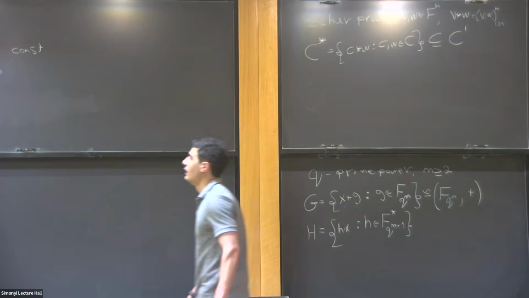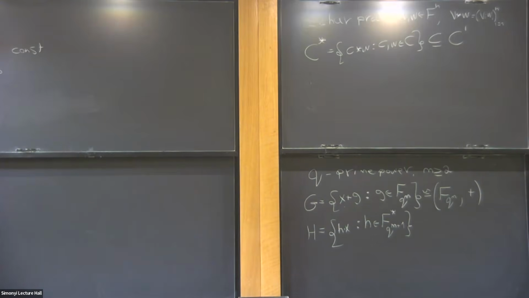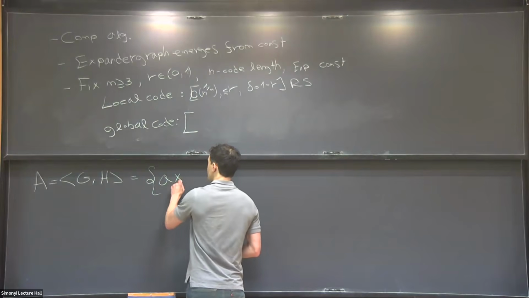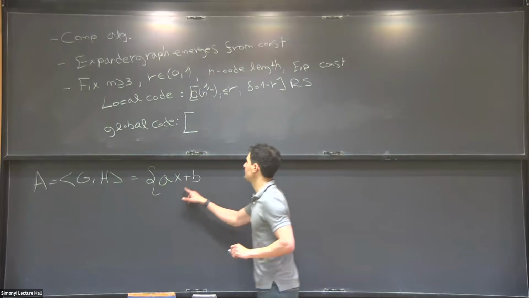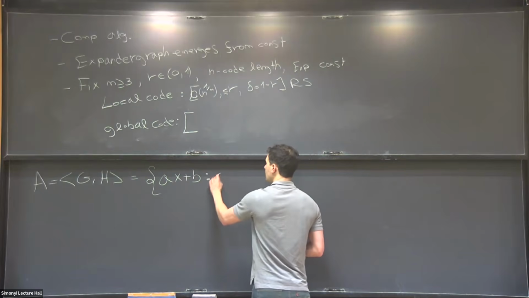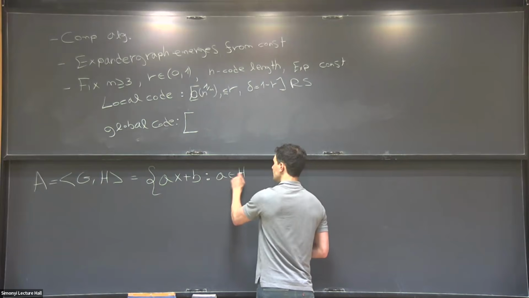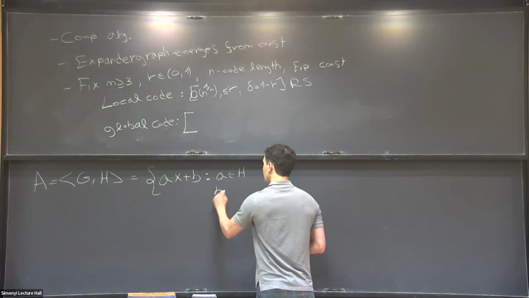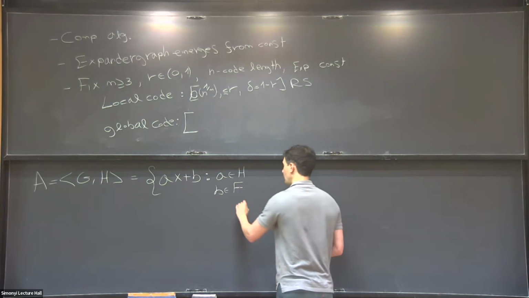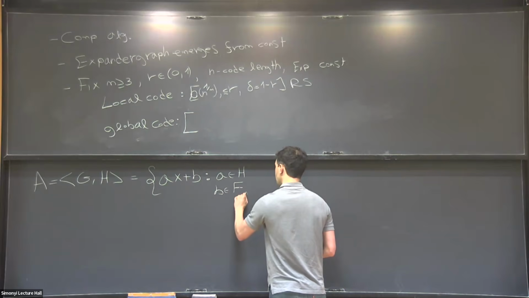So I look at the group generated by these two elements, and I can actually write it explicitly. These are all affine transformations of this form, AX plus B, where A is in H, and B is any element in the field F_Q^(M times (M+1)).